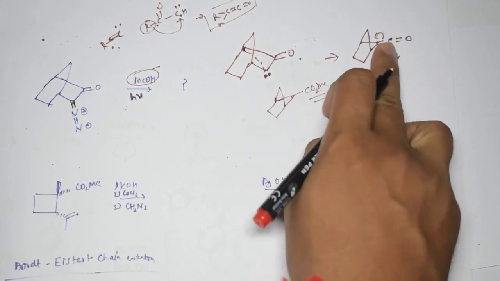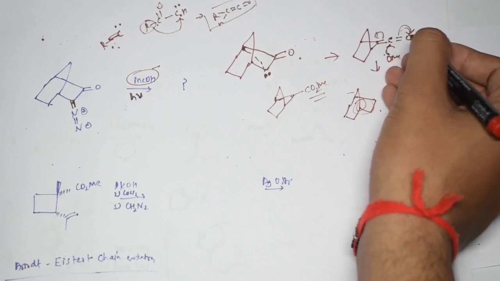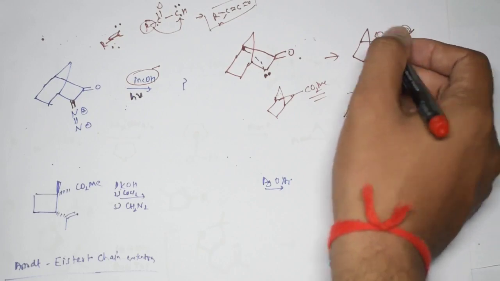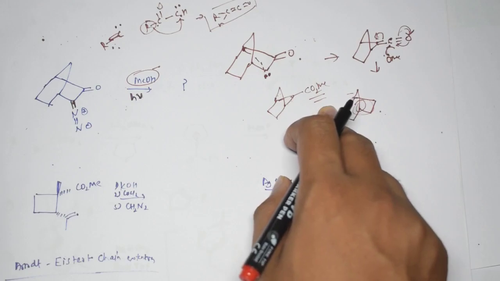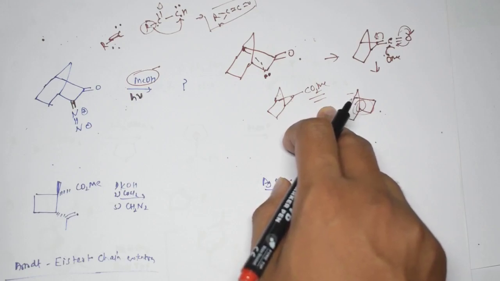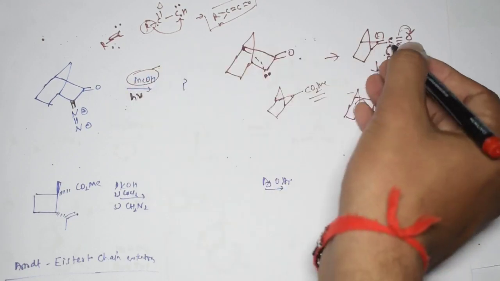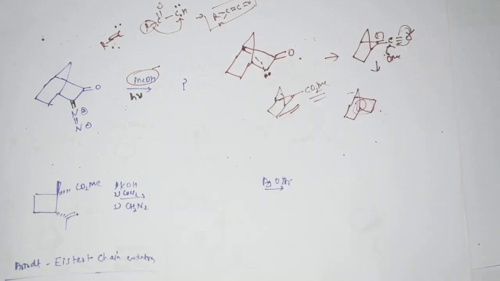First of all this negative will attack over here, so this can become O minus, right. After this when this comes back to its position, the negative charge will come here, right. If the negative charge comes over here, then in the next step the H present over here can combine with this one, and here the final product we will have is something like this only, right.